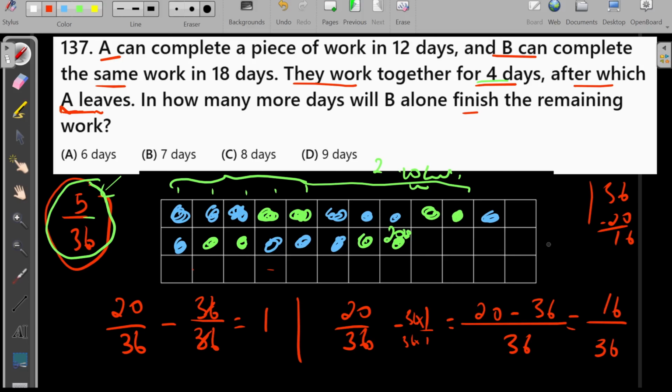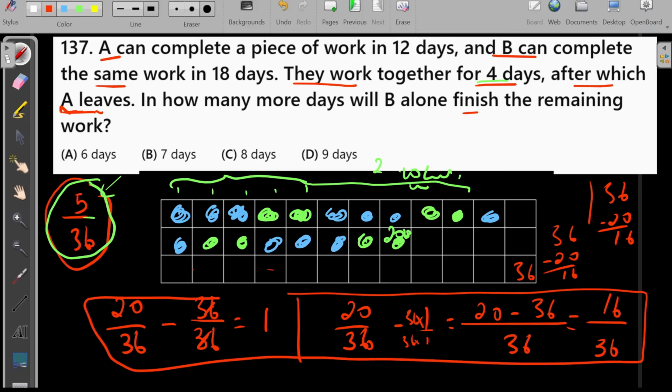To find the remaining, you simply subtract the value, meaning we know that it is 36 and the total blocks of work both A and B have done in 4 days is 20. So that will be 36 minus 20, which gives me 16, which is basically the same thing. You might be wondering what I am doing here. I'm simply subtracting the value to get the remaining set of blocks.